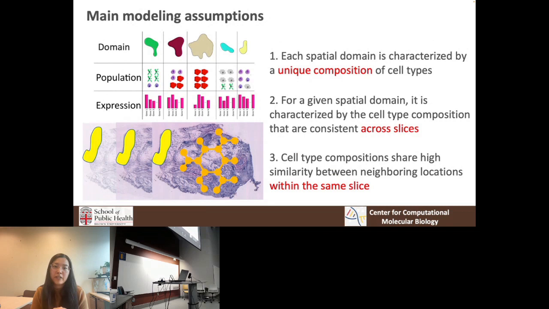But we assume that their mean is consistent across these slices for the same domain. And the third assumption is that within the same slice, the cell type compositions share high similarity between neighboring locations, encouraging within-slice similarity in terms of spatial locations.